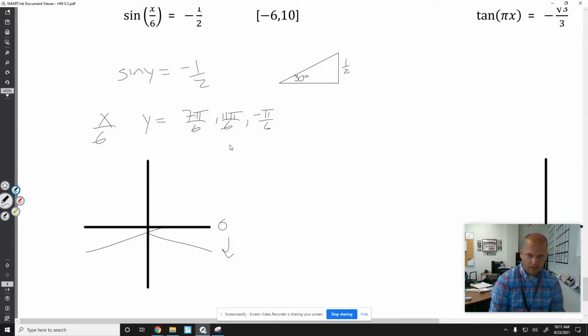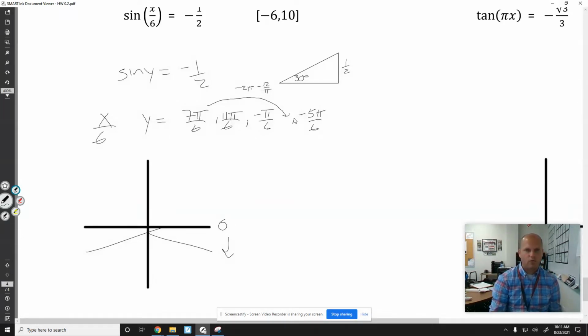What's this one in terms of negatives? Well, its original location was 7 pi over 6. If I subtract 2 pi, that's like subtracting 12 pi over 6. -12 plus 7 ends up being -5. I'm going to include that.